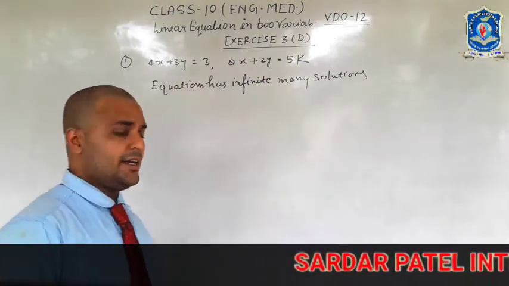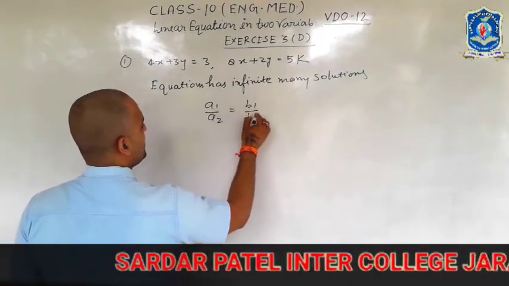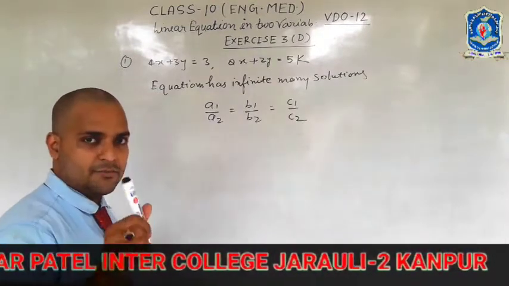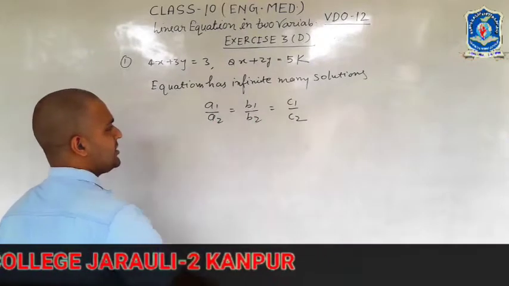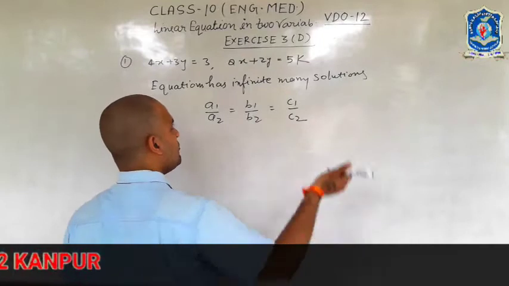The condition is that a1 upon a2 is equal to b1 upon b2 is equal to c1 upon c2. Now put the values of a1, a2, b1, b2, c1, c2 and find the value of k.